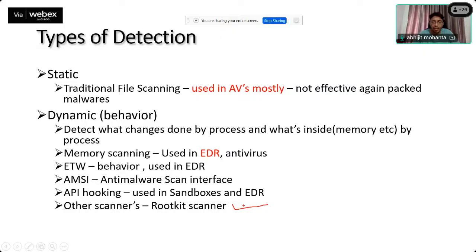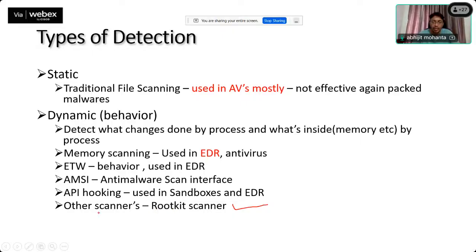What kind of artifacts? For example, a malware drops a file onto the system, creates certain processes, communicates with the network. All those things, like your files, the process of the malware, and the network communication done by the malware, can be hidden from plain sight with the help of rootkits.